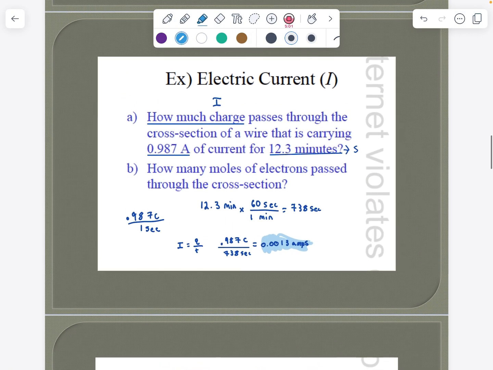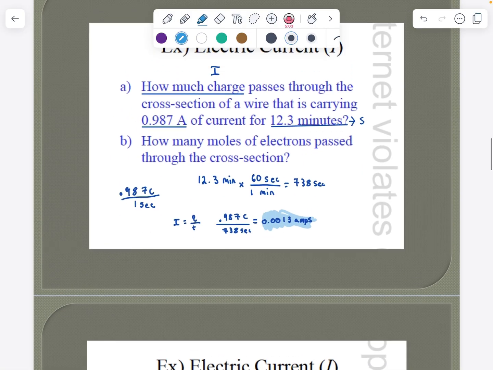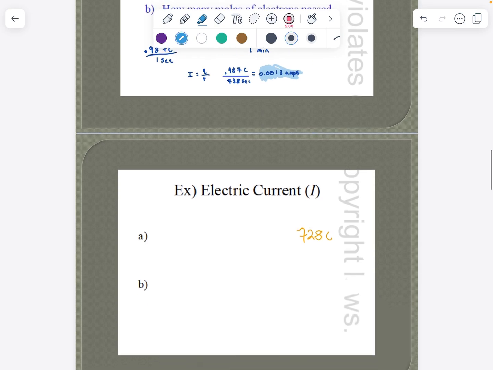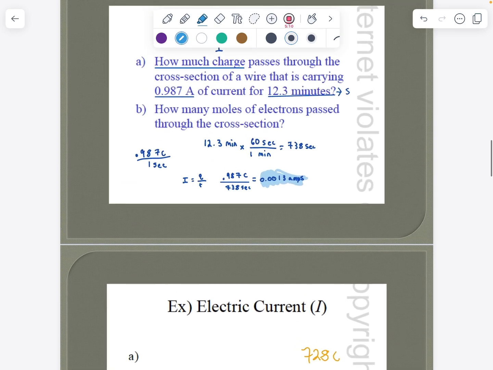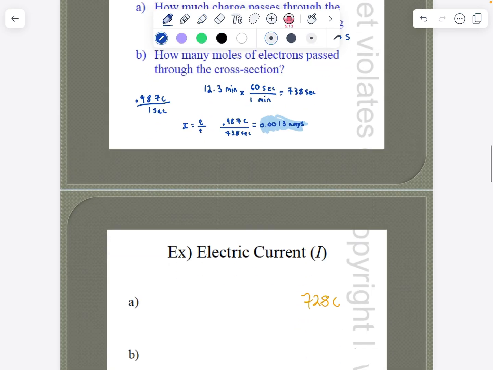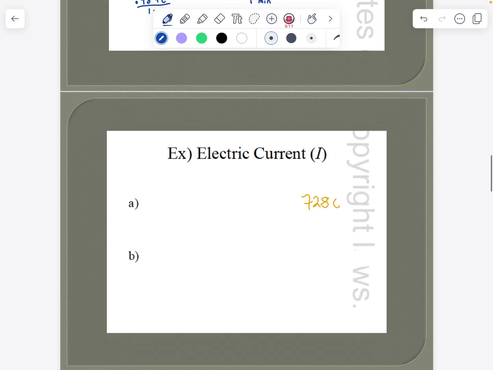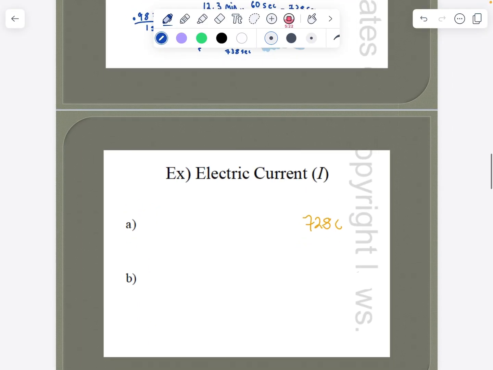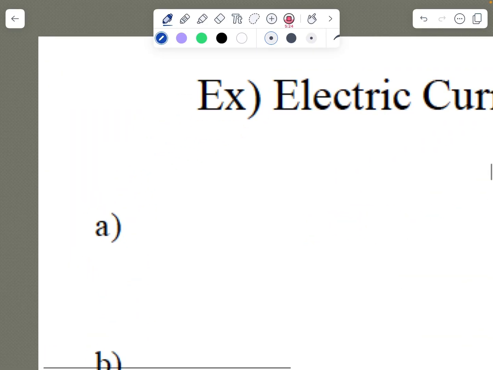And then it asks for how many moles of electrons pass through the cross-section. So now we will just use our Faraday's constant, and for every 1 mole of electrons, there are 96,500 coulombs. So our amps can be written as coulombs per second, so it's 0.0013 coulombs per 1 second.